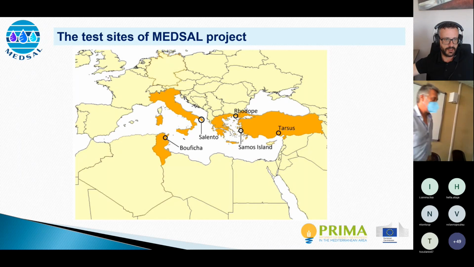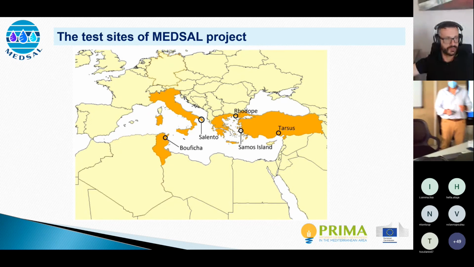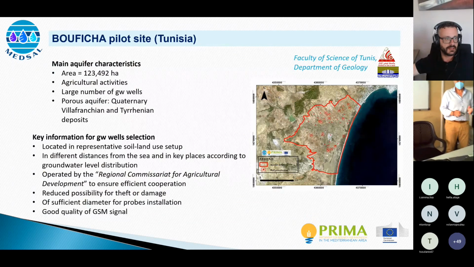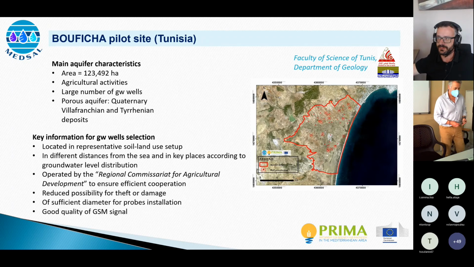We will see one by one the sensor-based groundwater monitoring networks developed. So I would like to invite Fadwa Hamzaoui to give us the presentation for the Bufisha pilot site.